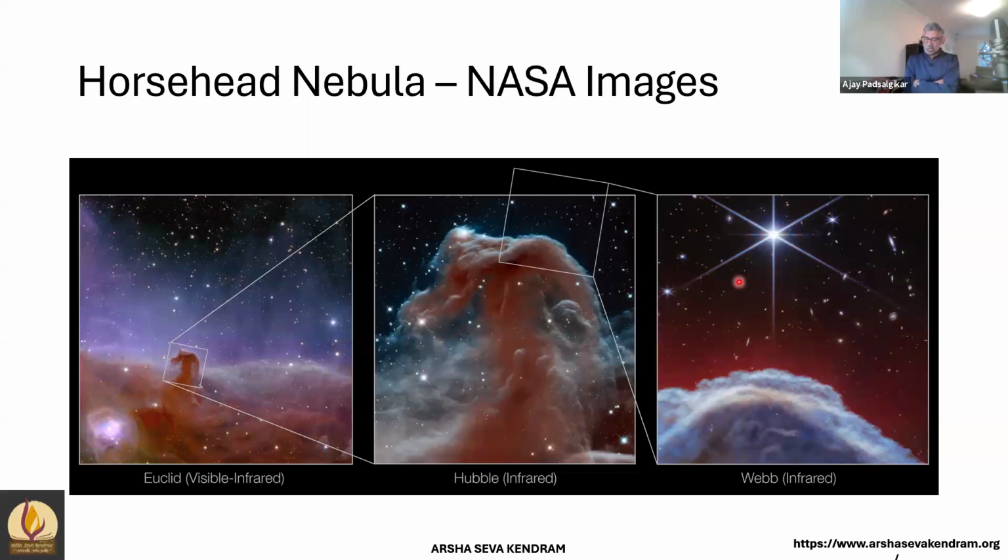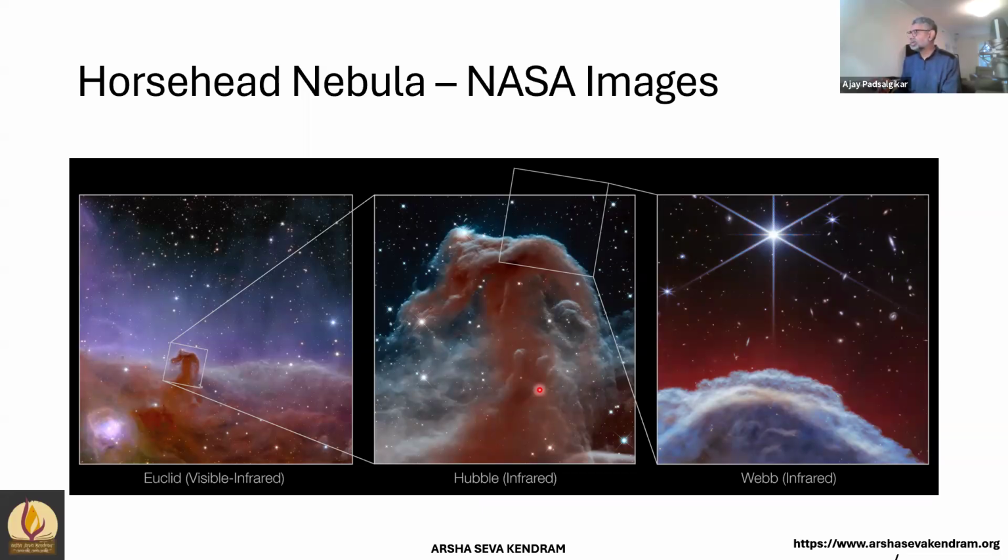It is one of the most distinctive objects in our sky. The first image that you see here was captured by the European Space Agency's telescope called Euclid. The second image is a close-up of the Horsehead Nebula, captured by the Hubble Space Telescope in 2013, about the 23rd anniversary of the launch of the Hubble telescope.